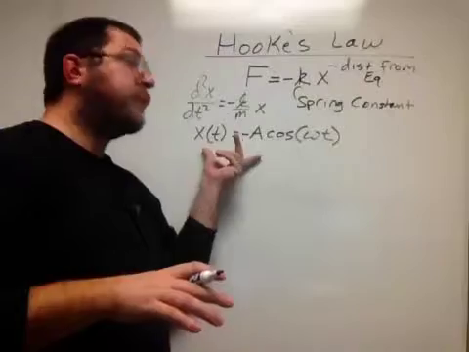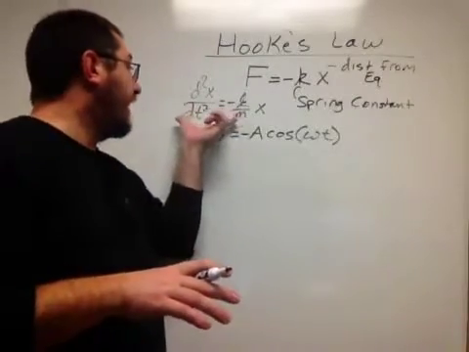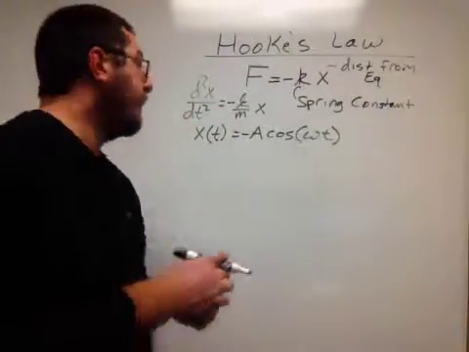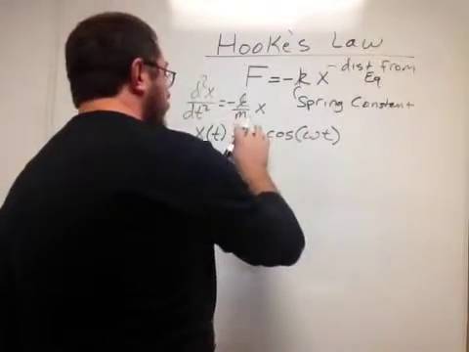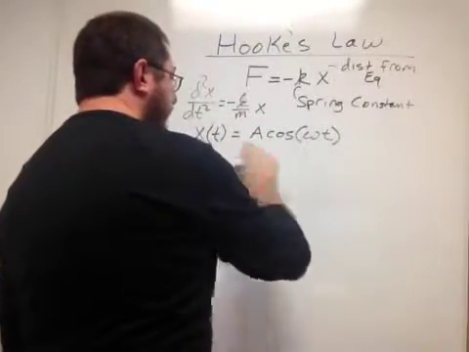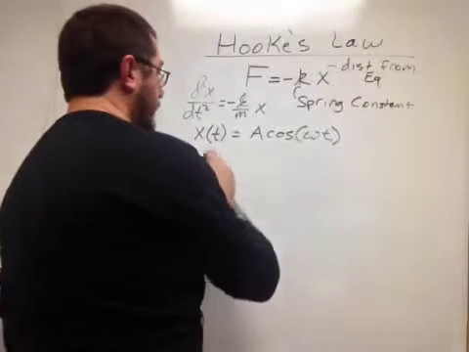But what I want to do is differentiate this twice and show you that I get this, all right? So if I differentiate this, oops, this shouldn't be negative. If I differentiate this, it should be positive, all right?